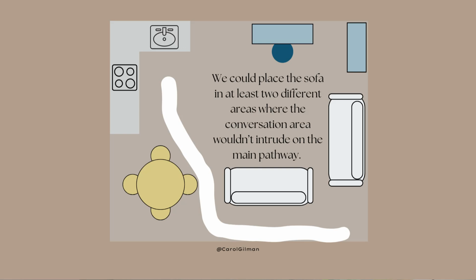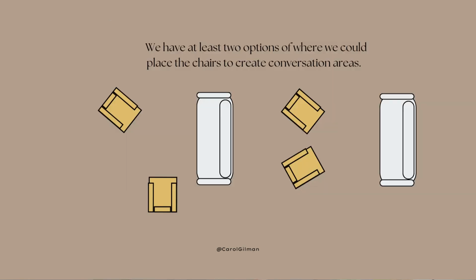And after you do that, then all of your other pieces of furniture can fall into place inside that conversation area. The next thing I would think about is where to place a chair or 2 chairs, however many chairs you have, and whether they can be placed opposite the sofa or next to the sofa. And one thing to think about is spacing within your conversation area.